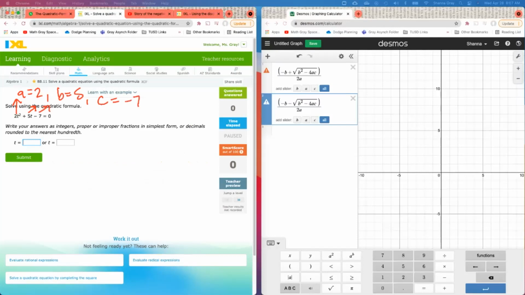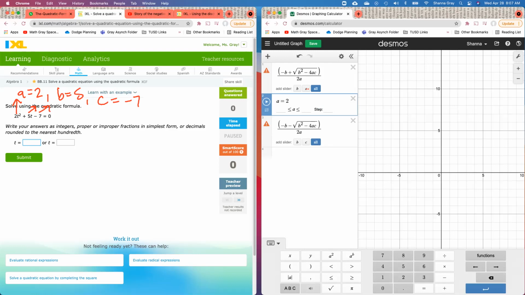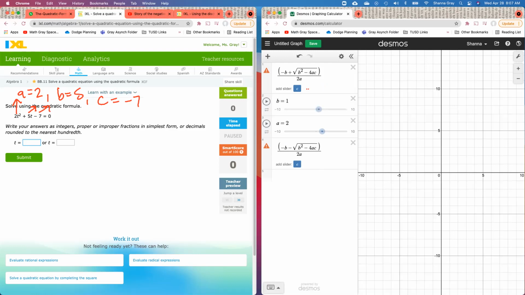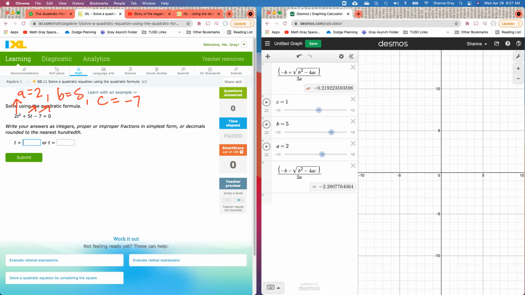So if I plug those numbers in, so let's say I come back over here and I say, all right, A, oh, sorry, I got to change my mouse. A is 2. So I can actually just even type that in if I want. So A is 2. B is 5. And C is negative 7.